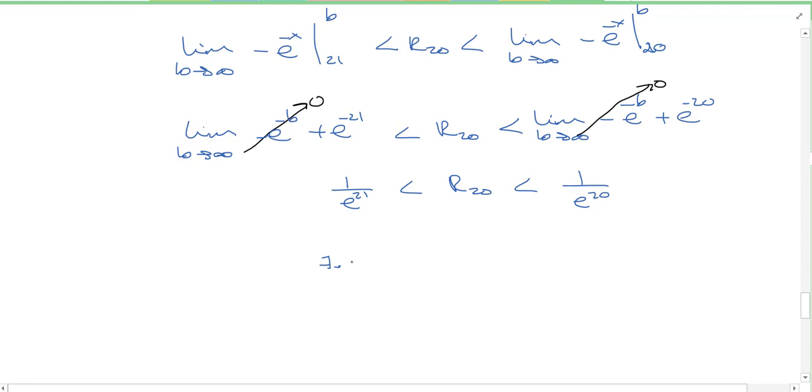I got 7.58 times 10 to the minus 10 for the lower bound, and for the other side I got 2.06 times 10 to the minus 9. So the remainder is very small, which means we are very close to the actual sum.